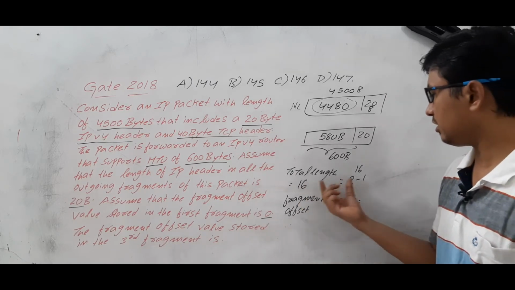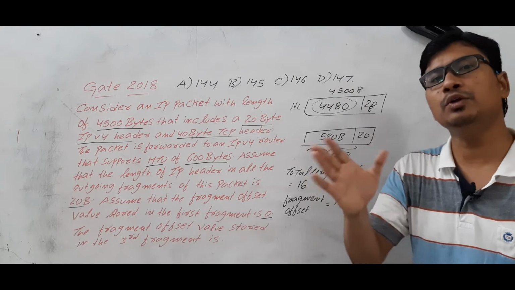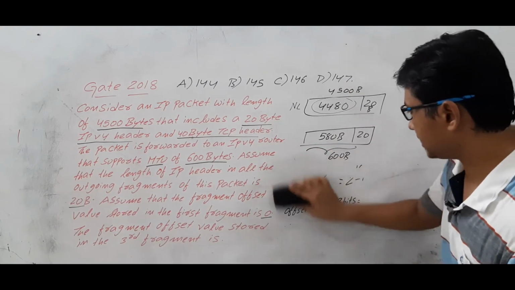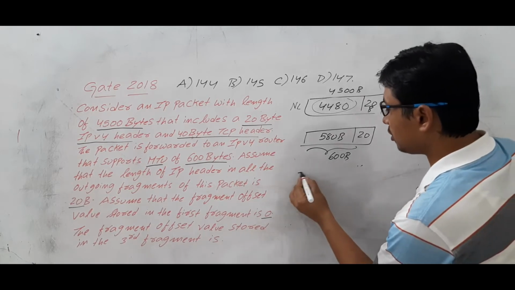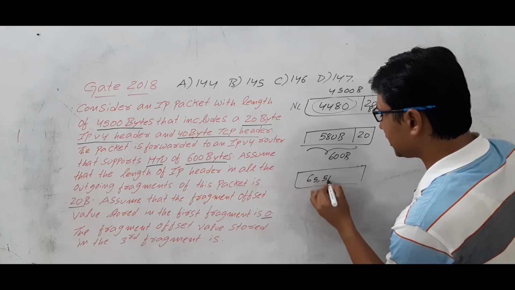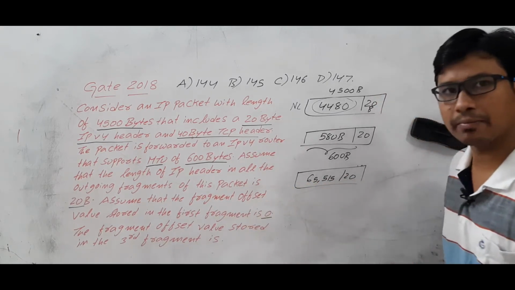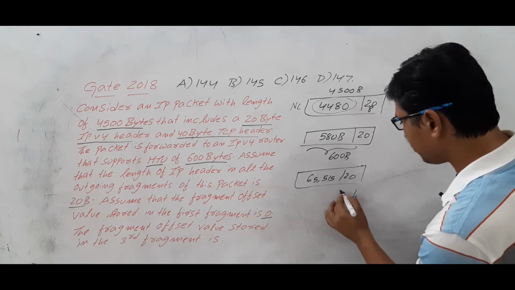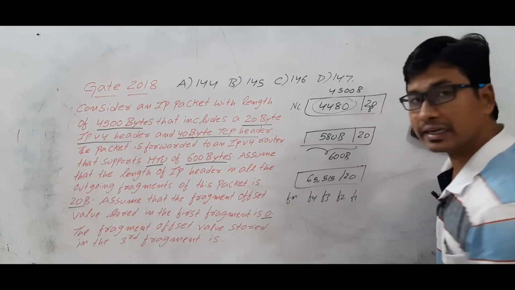Suppose you are sending a single packet of 2 power 16 minus 1, and you are doing it into multiple fragments. Am I right? You are sending a packet of 65,535, that is 65,515 bytes for the data and 20 bytes of header. Now you have to do the fragmentation. You made it into multiple fragments: fragment 1, fragment 2, fragment 3, fragment 4, and so on, up to fragment n.